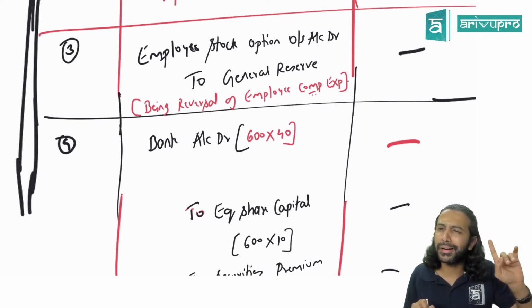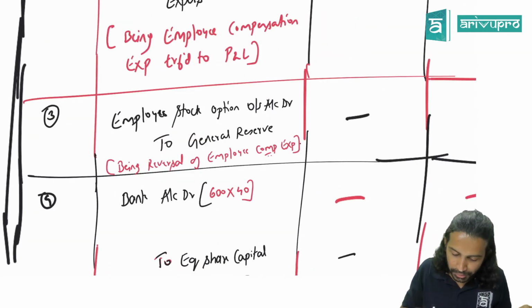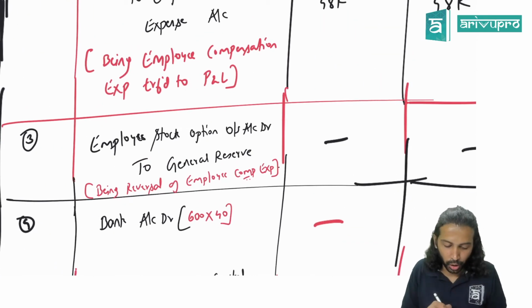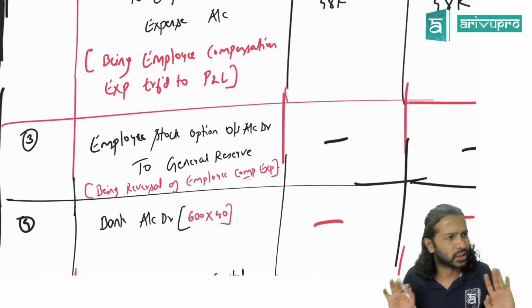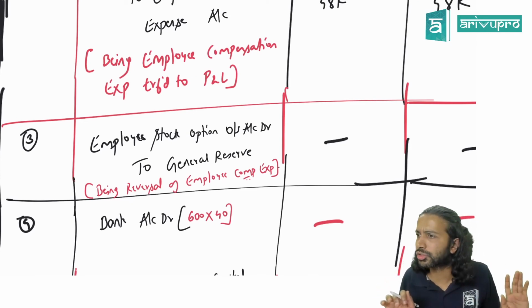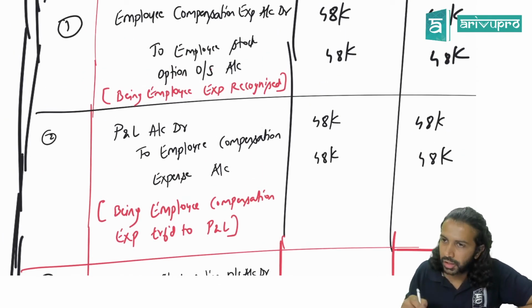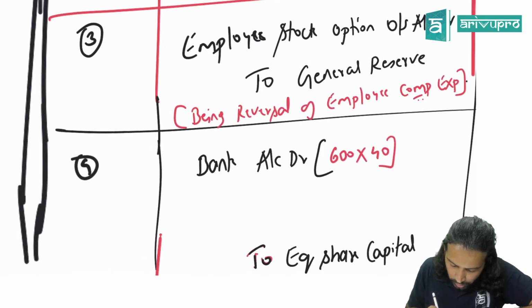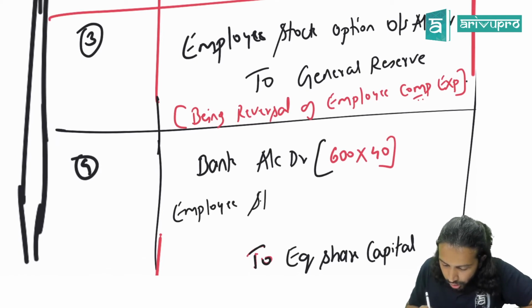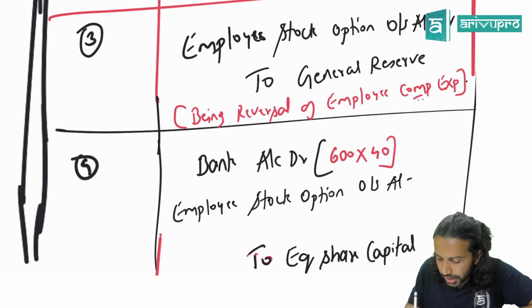That means you can't debit employee compensation expense. But you have one dummy, you remember? What is the name of the dummy? Employee stock option outstanding. Here it's been exercised. Shares are exercised, so is that dummy required, or can you close it out? It has a credit balance because you have been crediting here from the beginning. So you debit here. What will you debit?